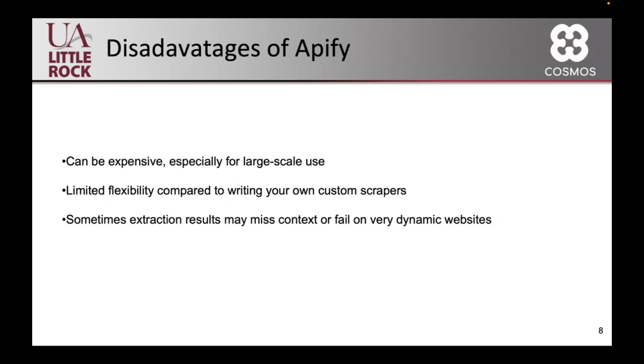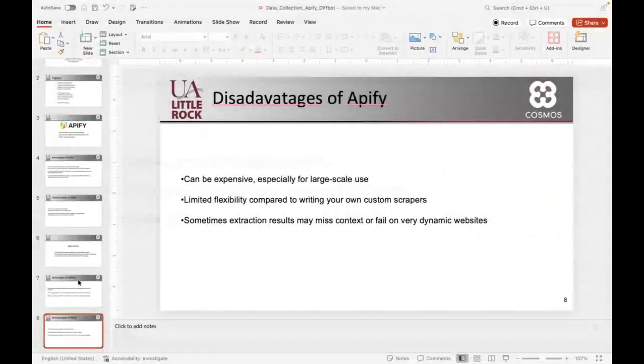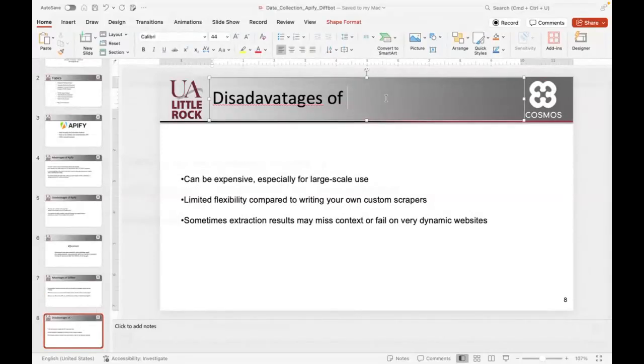If a website like Facebook or Instagram is very dynamic, it's very difficult to collect from those. With static sites like blogs we can collect easily, but it fails on those websites. So this is the disadvantage of using Diffbot. I think in this slide I made a mistake, I will just correct this. This is the disadvantage of Diffbot.